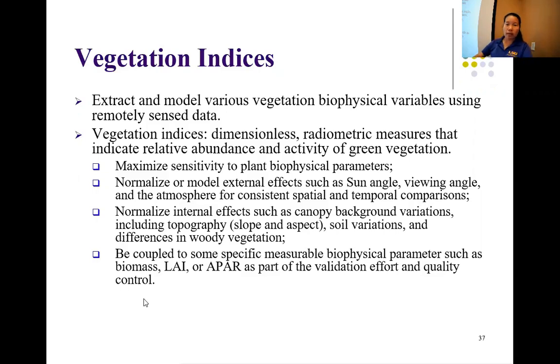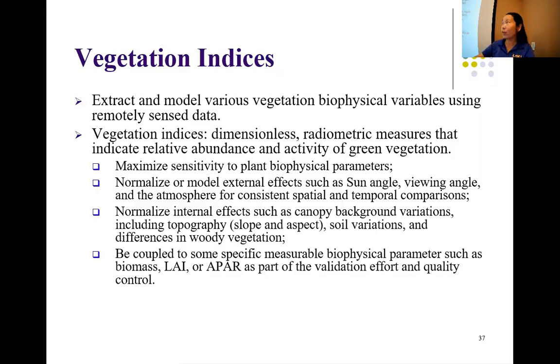Vegetation indices extract and model various vegetation biophysical variables using remotely sensed data. These indices are usually dimensionless, which means that they use different band equations and the units cancel out. They are radiometric measures that indicate relative abundance and activity of green vegetation.